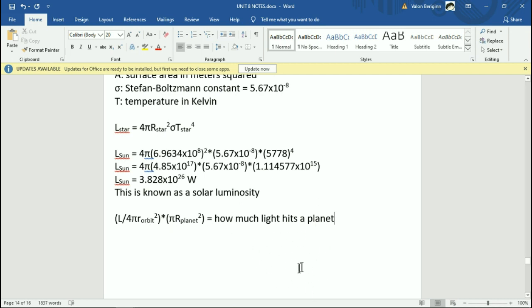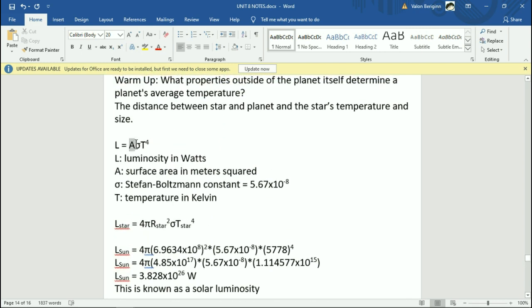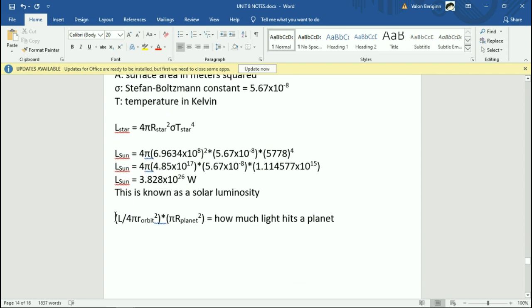As the planet heats up, it is an object that has a surface area and a temperature, so it is going to be emitting its own energy, not as visible light because a planet's not that hot, but as infrared light. As the planet's temperature increases, the planet is balancing that by emitting more light back out into the universe. It wants to be at what is known as thermal equilibrium. In other words, the energy coming in, which is this, should equal the energy going out. We need this balance.